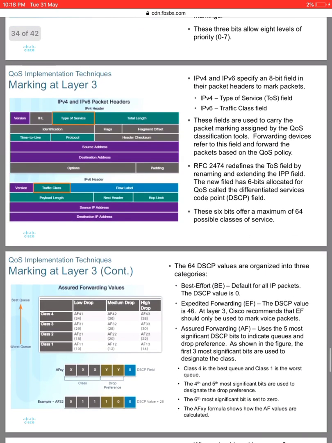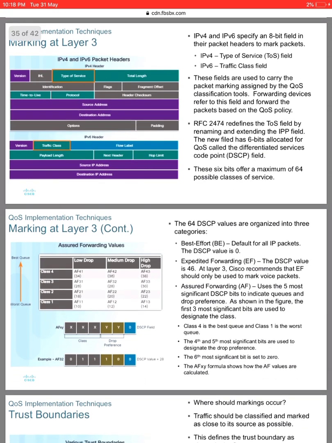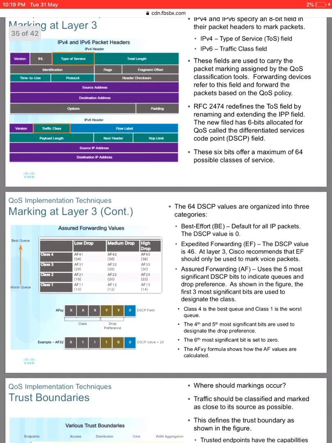Okay. For the marking at layer 3, IPv4 and IPv6 specify an 8-bit field in their packet headers to mark packets: the IPv4 Type of Service or TOS field, and the IPv6 Traffic Class field. These fields are used to carry the packet marking assigned by the QoS classification tools. Forwarding devices refer to the field and forward the packet based on a QoS policy.